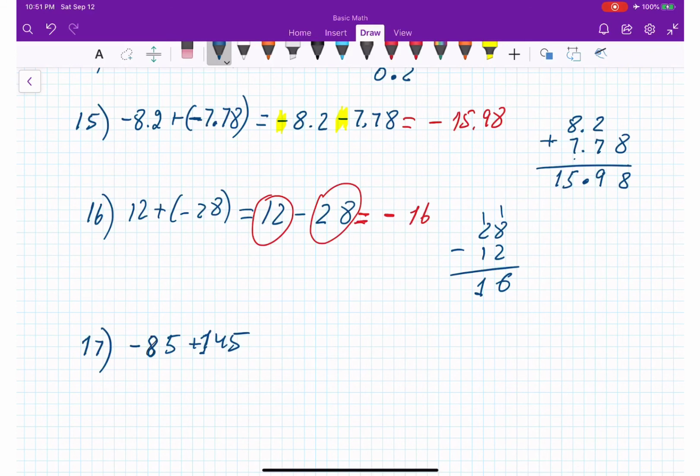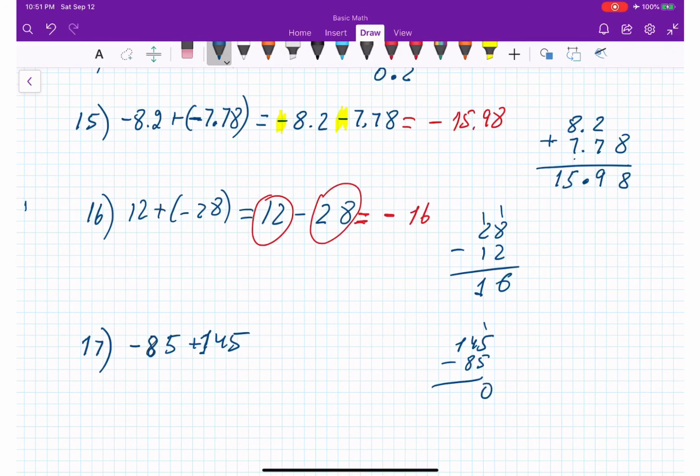We subtract. Which means 145 minus 85. So 5 minus 5 is 0. 4, I can't do 4 minus 8.